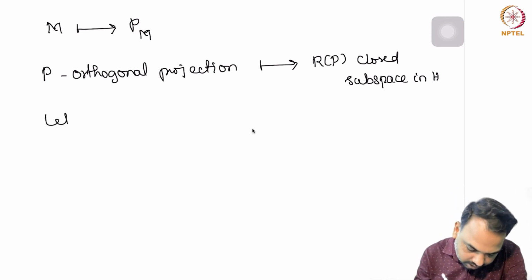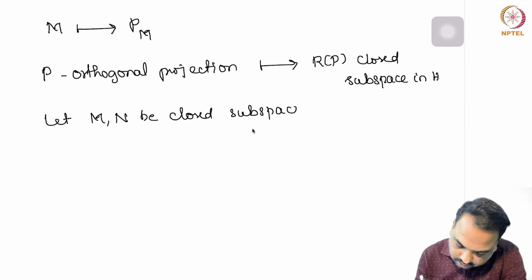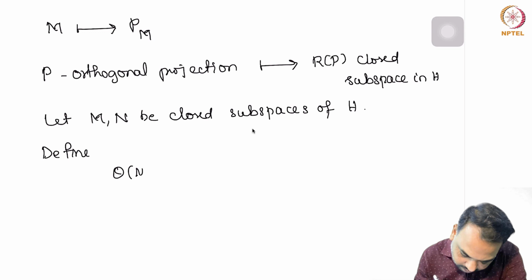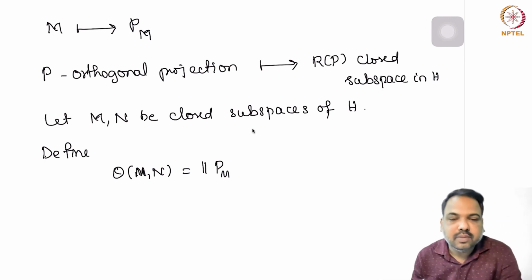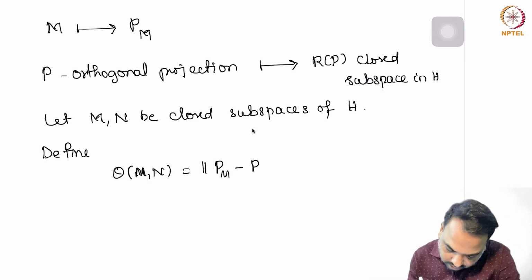So let us take M and N closed subspaces. Define theta of M, N as the operator norm of the difference of these two projections P_M and P_N.